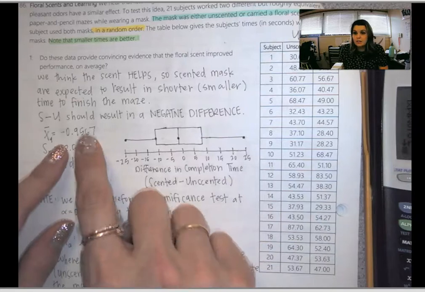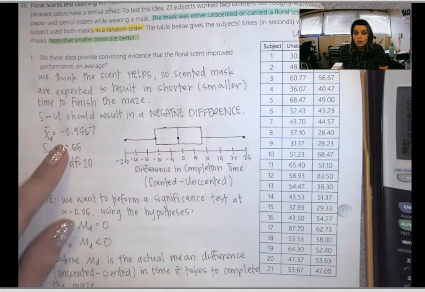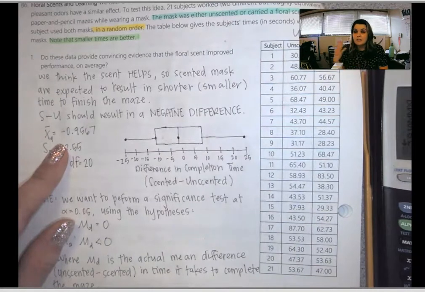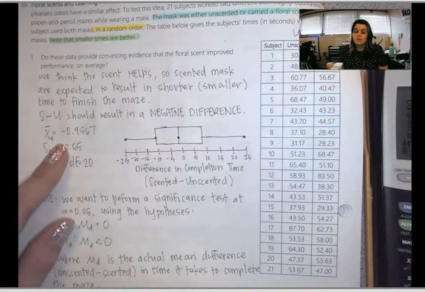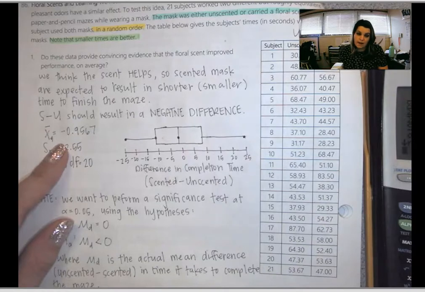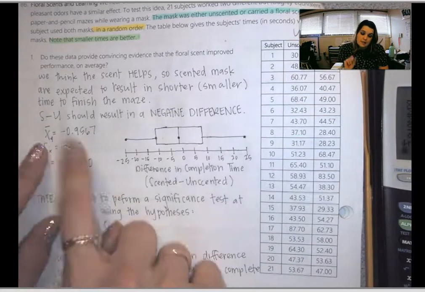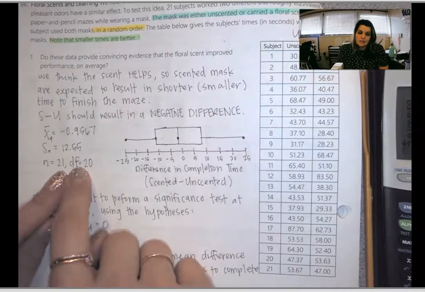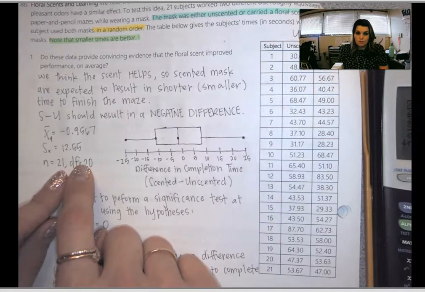So that does mean that for this sample, on average, the scented mask did improve your performance and make it so the time to complete the maze was a little bit faster. Standard deviation, and I noted my degrees of freedom here.